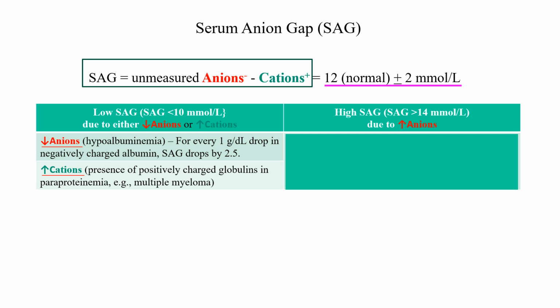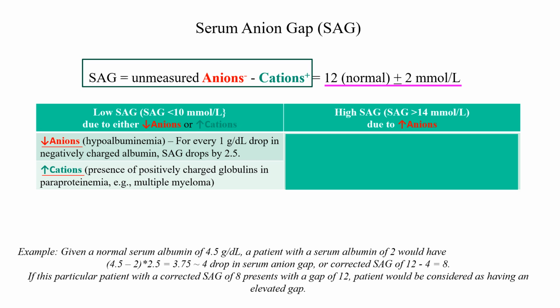For example, given a normal serum albumin of 4.5, a patient with a serum albumin of 2 would have approximately a 4 drop in the serum anion gap, or corrected serum anion gap of 12 minus 4, or 8. If this particular patient presents with a gap of 12, the patient would be considered to have an elevated serum anion gap. It is prudent to always calculate corrected serum anion gap for patients with low serum albumin.